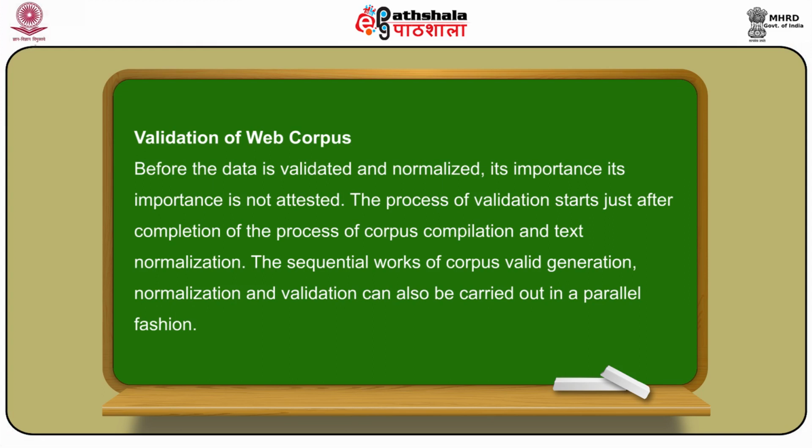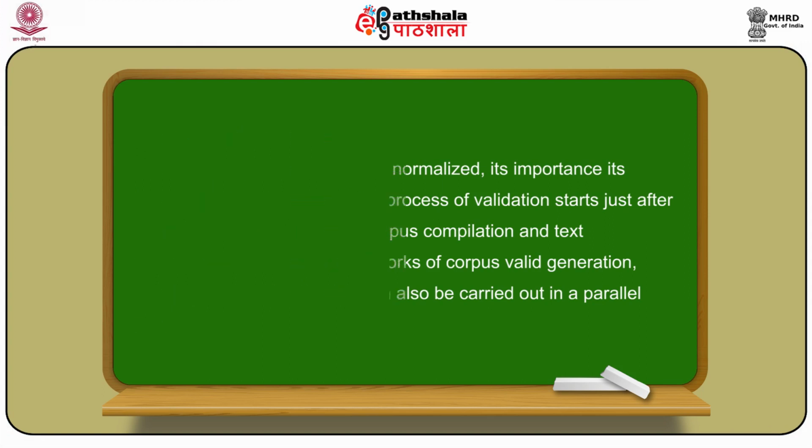The process of validation usually starts just after the completion of data compilation and text normalization. The sequential works of corpus generation, normalization, and validation can also be carried out in a parallel fashion if there is a large team involved. Otherwise, we can do it in a sequential manner.